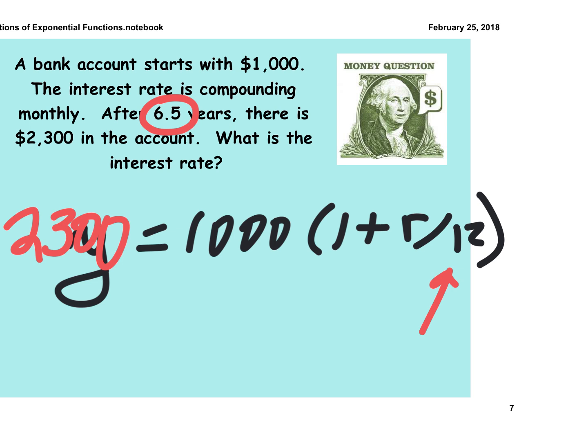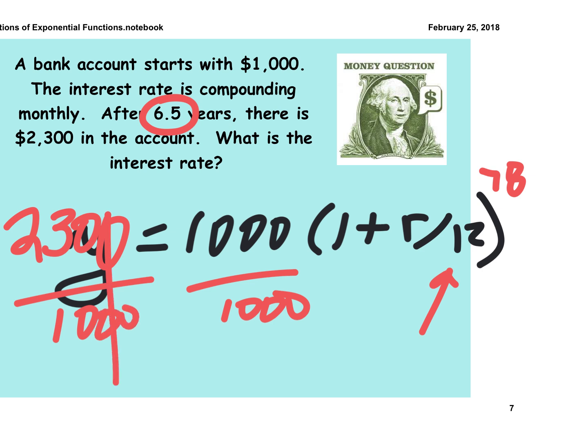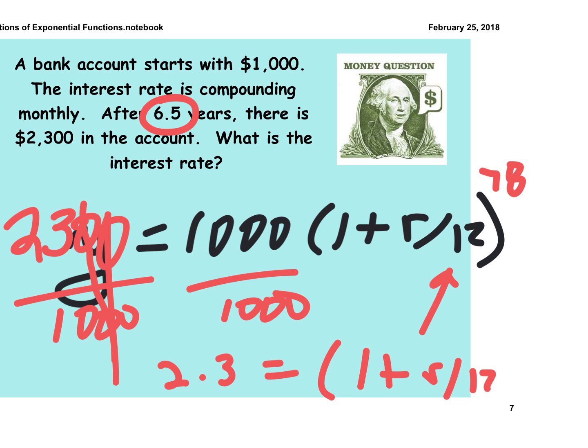78, yep, 78 months. 6.5 times 12. That's an equation I could solve. You divide both sides by 1,000 first. Cut off a couple zeros. It's like 23 divided by 10, which is 2.3. 1 plus the rate divided by 12 to the 78th power. That's annoying.